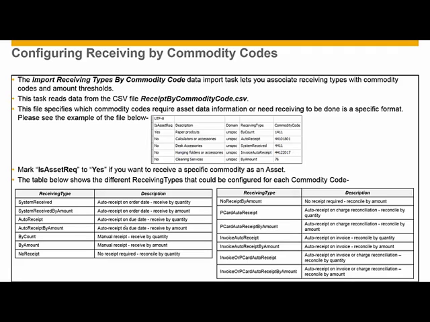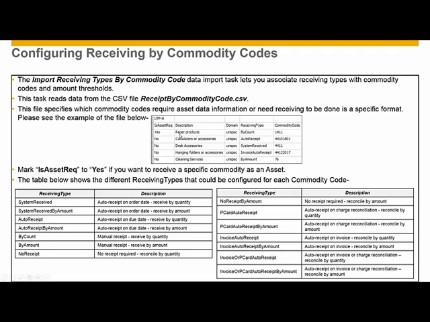Within receiving, I mentioned to you that you can do receiving types based on commodity code. This slide illustrates that there are many different receiving types that we can set up and drive based on anywhere from a 2-digit to an 8-digit commodity code. The receipt by commodity code.csv file is used for this purpose, and you can see the sample file structure here.